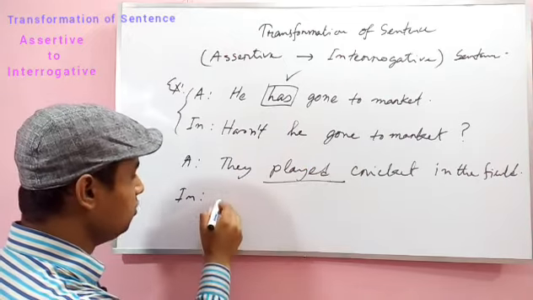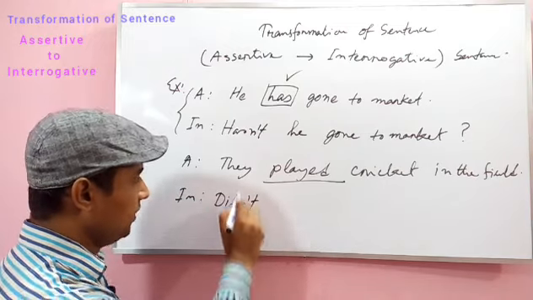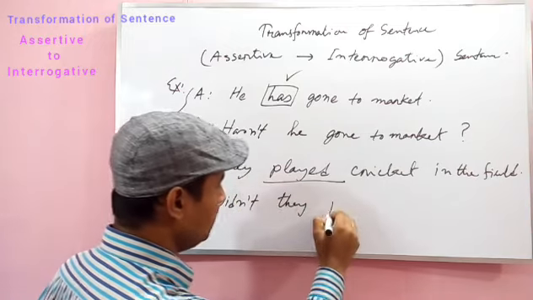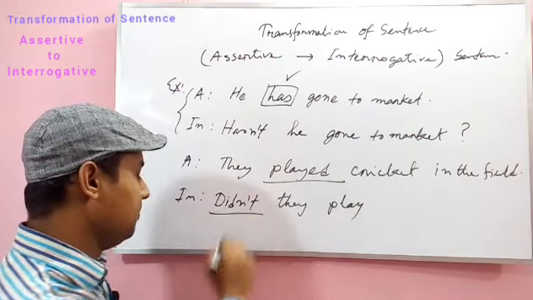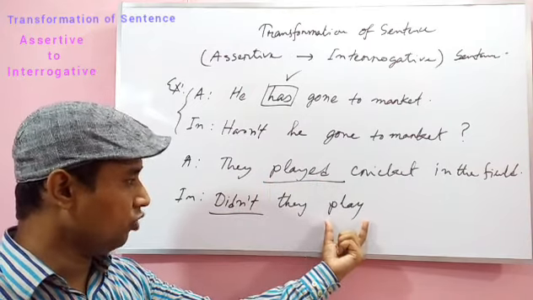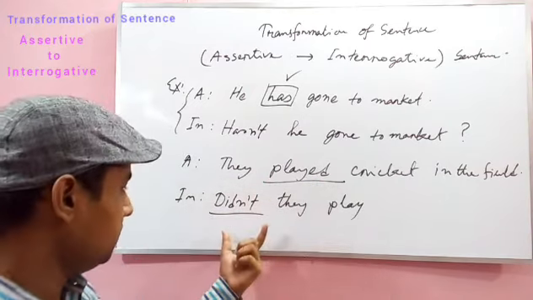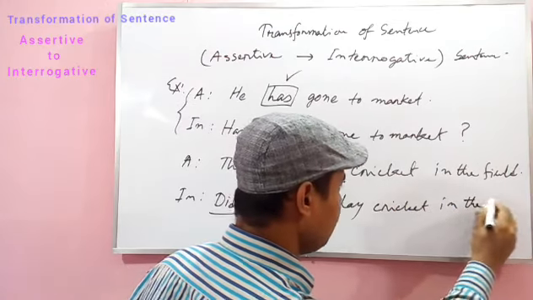It is past form, so you give did, then not, didn't, then subject, then play. This is past form, so you can't repeat the past form; you will give the present form. Okay, didn't they play cricket in the field?